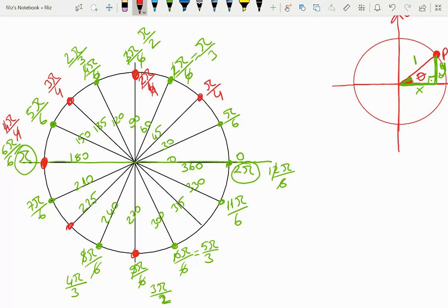Actually, we don't have to write this again and again, but to understand it, I am writing again. So I was left in the 4 pi over 4, 5 pi over 4, 6 pi over 4, 7 pi over 4, and 8 pi over 4, actually, which is 2 pi.